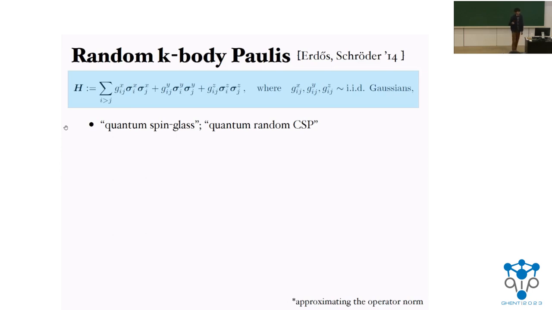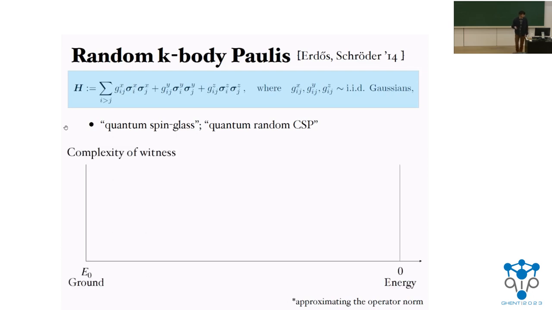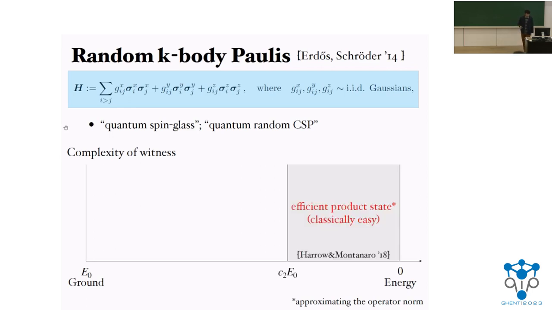Let me just instantiate what we know about these Hamiltonians. Suppose you want to consider the difficulty of producing a low energy state. The horizontal axis is the energy, and you want to be as close to the ground state as possible. But it turns out, if you're only asking for a constant approximation of the energy, it's actually efficient classically. There are product states for it, and you can find them very quickly.